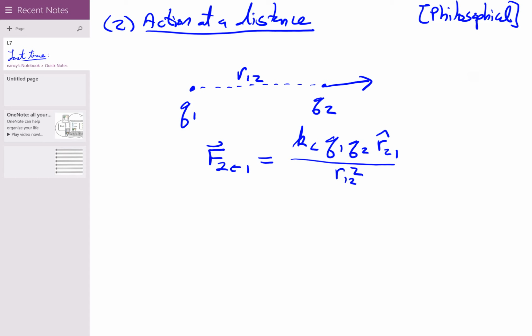Rather, we said that the force on particle 2 should be thought of as Q2 responding to a property of space at location R2. So it was Q2 times the electric field computed or measured at the location R2. That way, the force doesn't have to do with this far away distance thing.